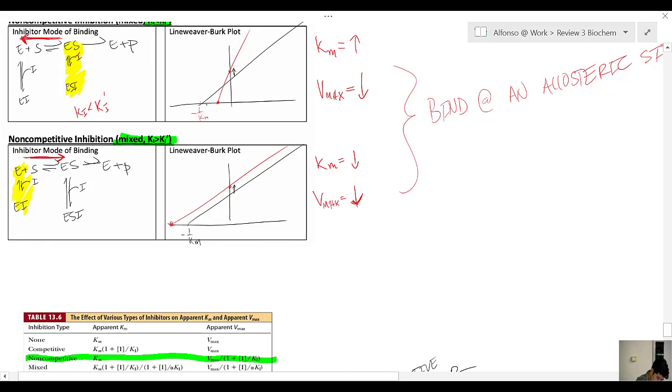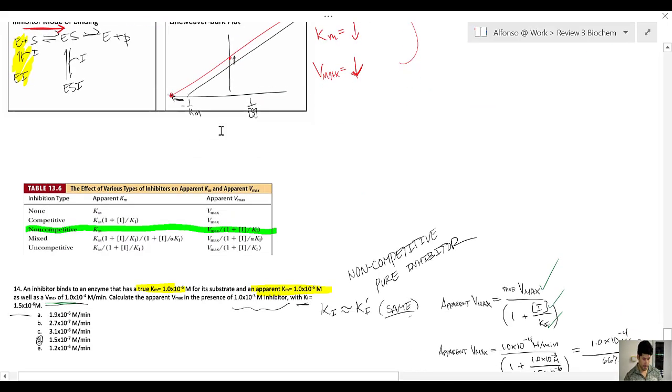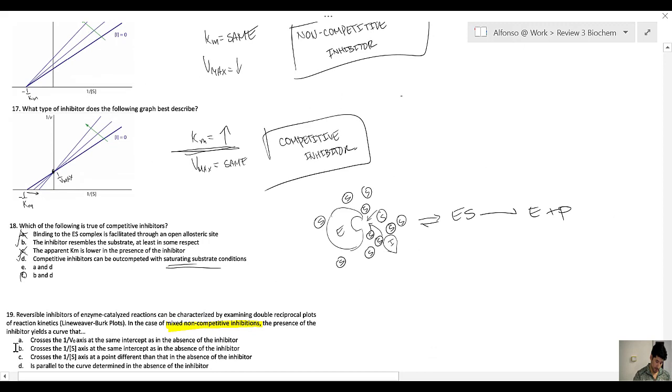Either it shifts it to the right or it shifts it to the left. The 1 over S intercept, that's the x-axis, is different for both of the mixed inhibitors, which means that B is also wrong. It crosses it at different points. So both A and B are wrong.